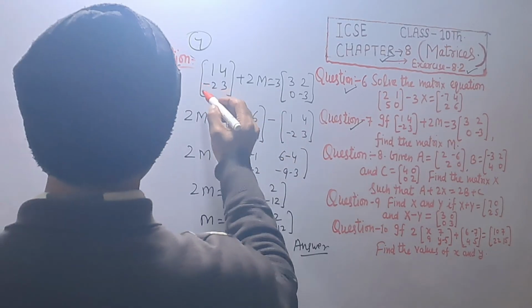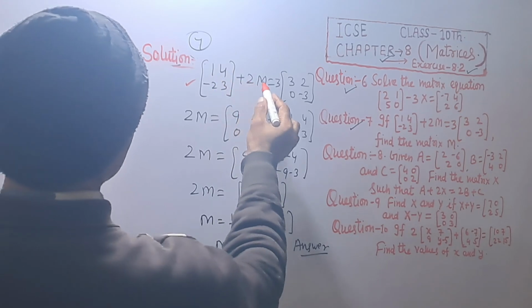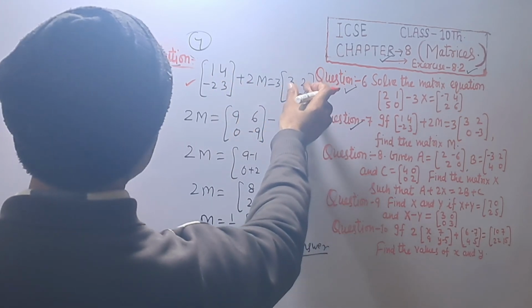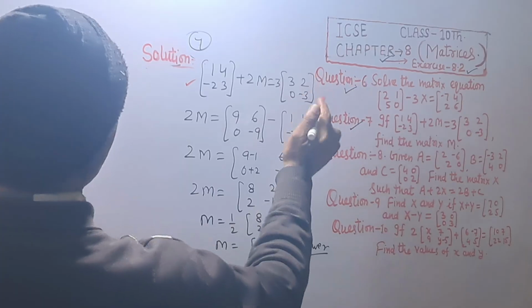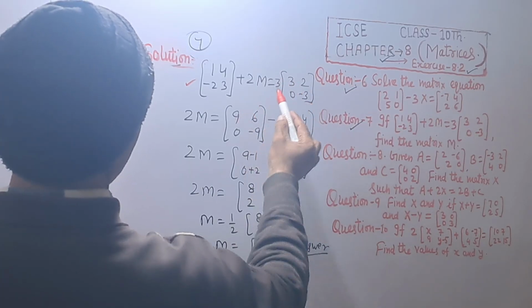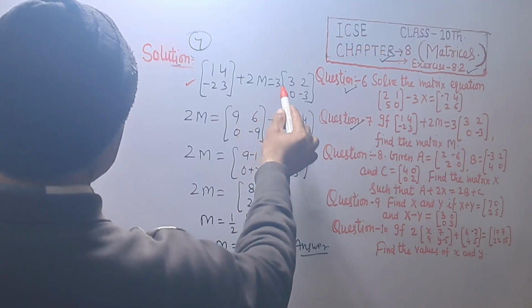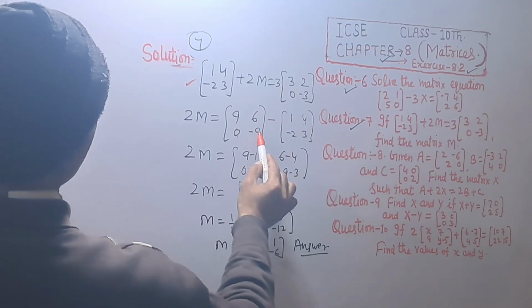Answer. Given [1, 4; -2, 3] plus 2m equal to 3 times [3, 2; 0, -3]. First of all, we are multiplying: 3 3s are 9, 3 2s are 6, 3 zeros are 0, 3 into minus 3 is equal to minus 9.